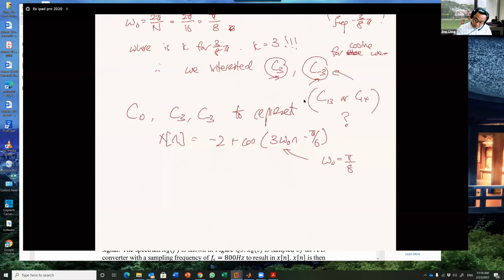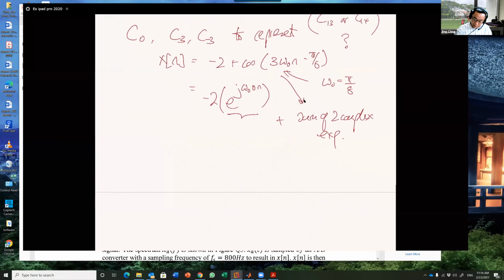Now, once you have this, it's quite easy because you can do minus 2 e^{j omega naught 0 n} plus, and you represent this as a sum of 2 complex exponentials. And then you realize that you can now plot this way.